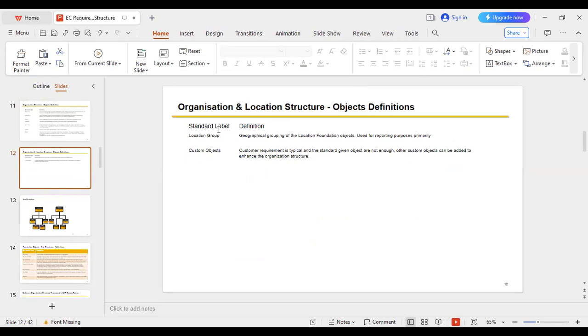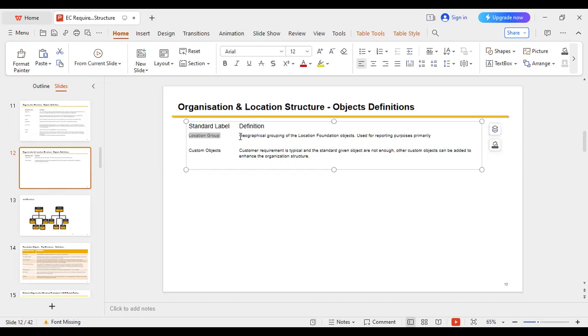For example, Delhi NCR is one location group in which the locations are Delhi, Noida, Ghaziabad, and maybe they include Meerut and other locations also. So these locations are associated with the location group.